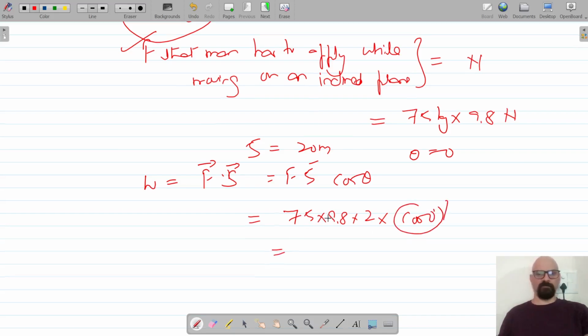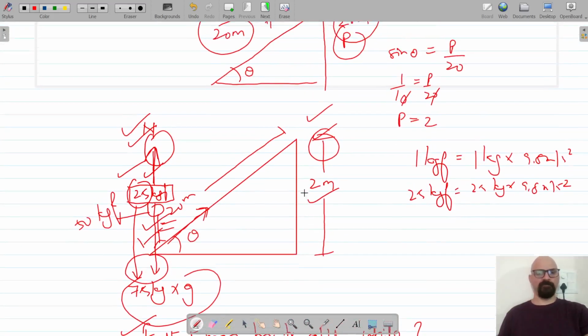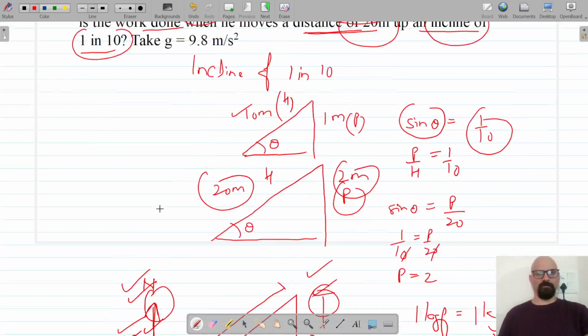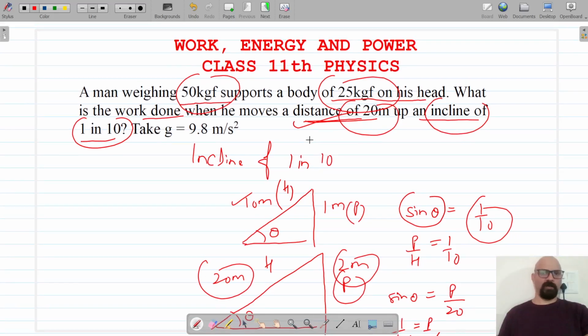Multiplying 75 into 2 gives 150, and 150 into 9.8 gives 1470 joules. So 1470 joules is the work done by this man to carry himself and a load of 25 kg on his head while moving up an inclined plane.